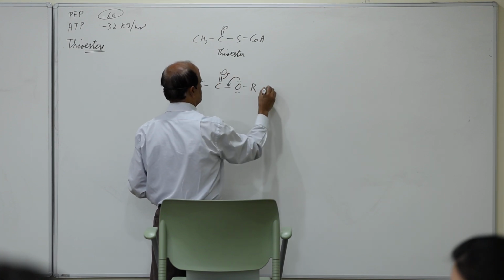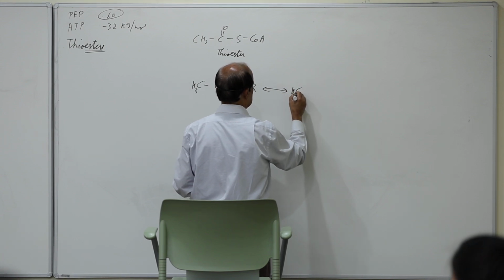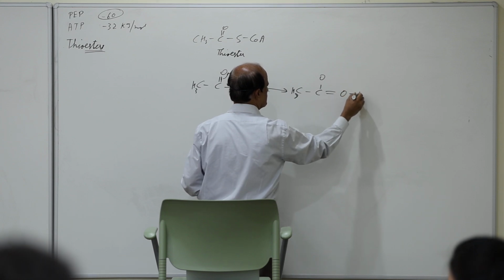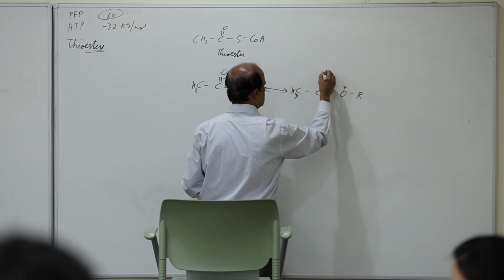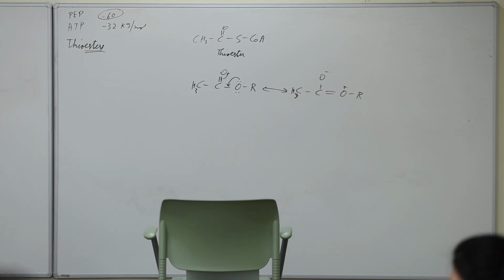These electrons go here. So that gives you a resonance structure. So all oxoesters have resonance structure, and resonance makes it more stable. So that's why oxoesters or regular esters, as you know, are more stable than thioesters.